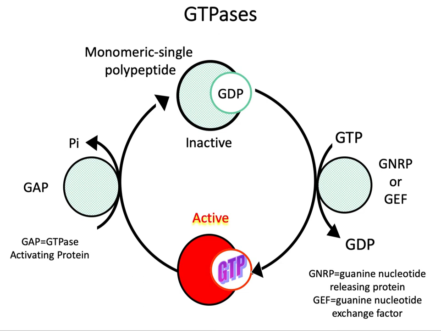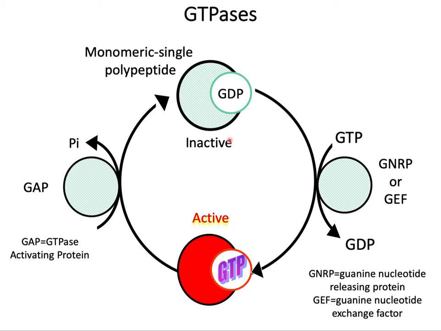Now, in order to understand how these coats become attached to the membrane, we have to investigate these small molecular weight GTPases, because they are the important players in these coatomer coats. In general, GTPases are small molecular weight monomeric, single polypeptides that can bind and hydrolyze GTP, guanosine triphosphate, to GDP, or guanosine diphosphate.